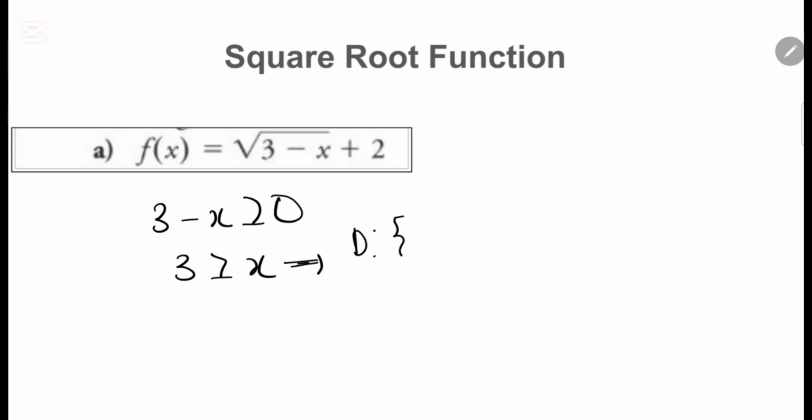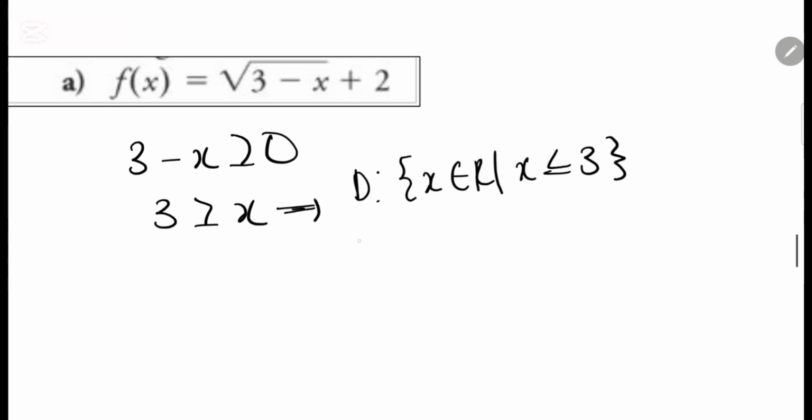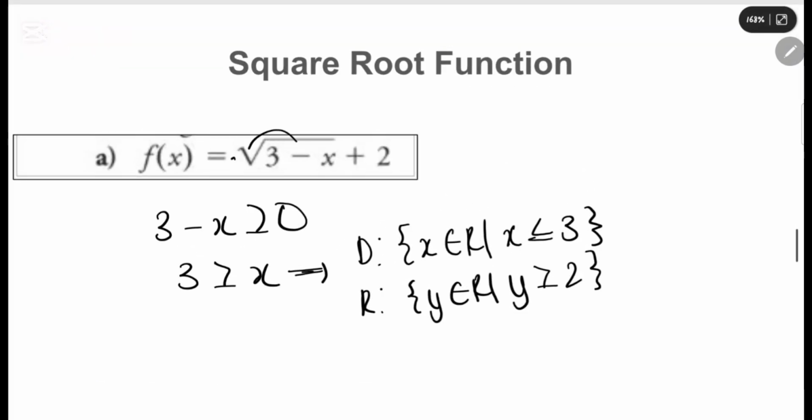Domain is x ∈ ℝ such that x is smaller or equal to 3. Your range would be y ∈ ℝ such that y is bigger or equal to 2, because there's no reflection here. Inside the bracket there is a reflection. You factor out the negative, you get this.